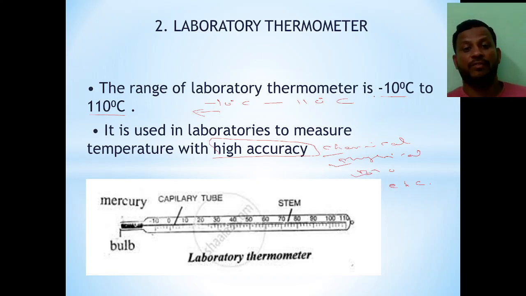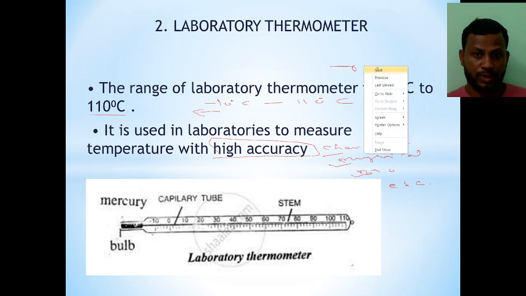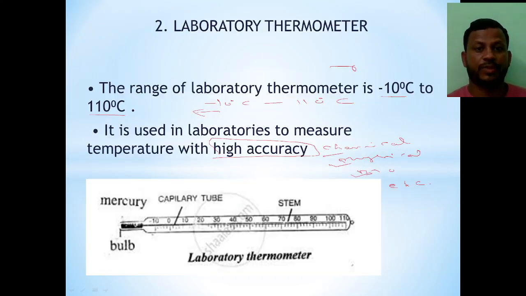Why? Because we have to measure the temperature of a room. We say that is the room temperature.